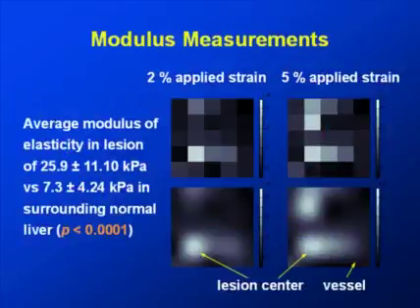So here we see modulus measurements for 2% and 5% precompression strain, and really it's this blocky image that's the real data, because this is 10 by 10 squares that the measurements are applied in. But if you smooth them out a bit, you can see quite clearly the lesion center here. And there's a blood vessel that's somewhat annoying, shouldn't be there, but really had nothing to do with it.